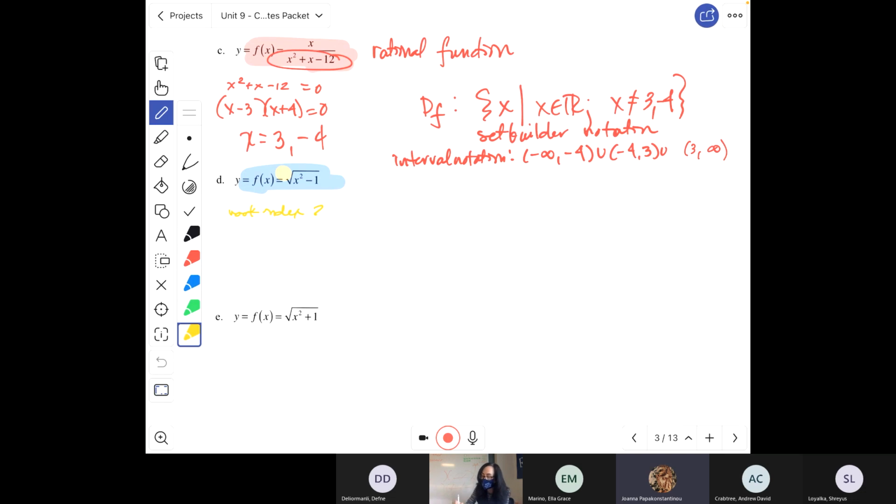So I have to investigate the radicand, because the restriction is that the radicand has to be greater than or equal to 0. Otherwise, I'm not talking about real values in the domain. I'm looking at, you know, imaginary numbers. So I would just go ahead and solve this.